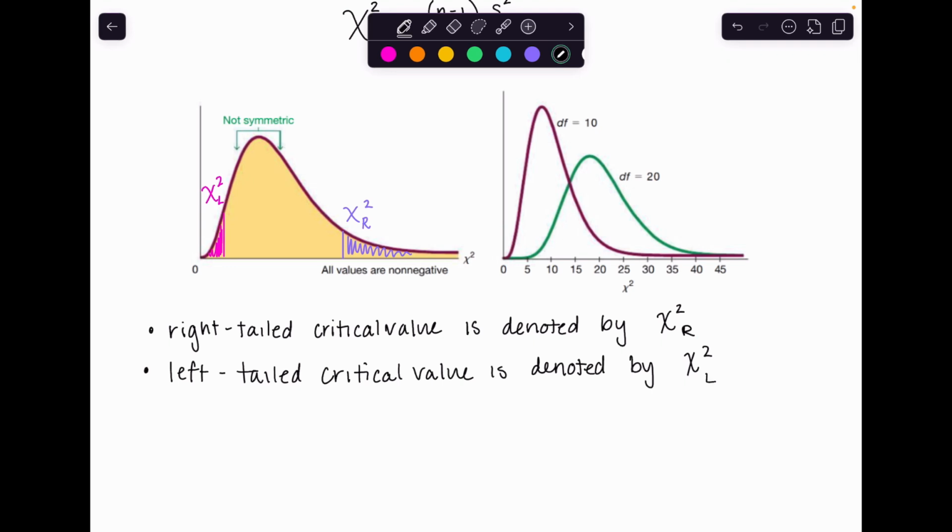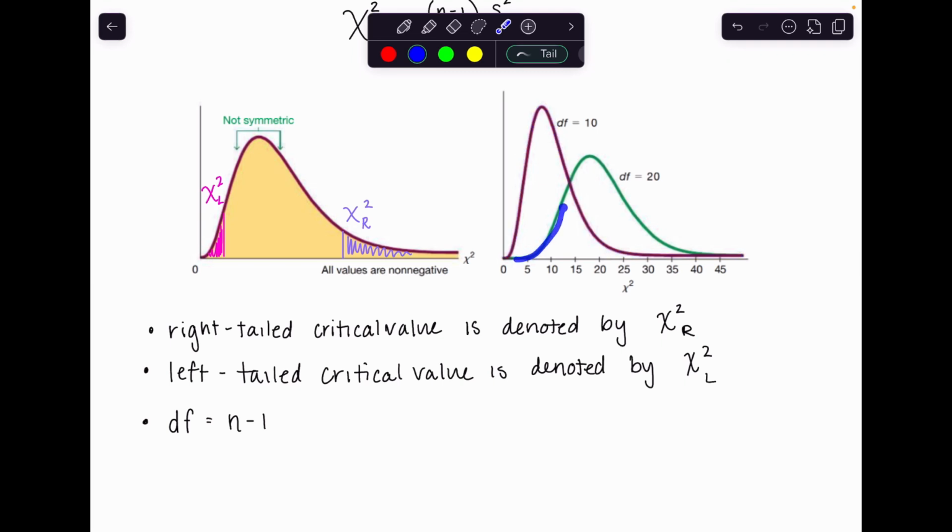You're also still going to have degrees of freedom for this. The degrees of freedom is still the same: it's one less than the sample size, so the sample size minus 1. Those degrees of freedom dictate exactly what the chi-squared graph looks like. When your degrees of freedom is 10, you have something that's skewed pretty far, so that the bulk of the data is sitting to the left.